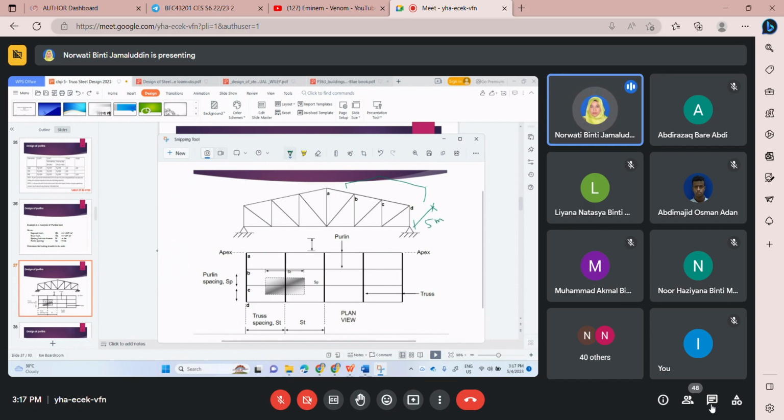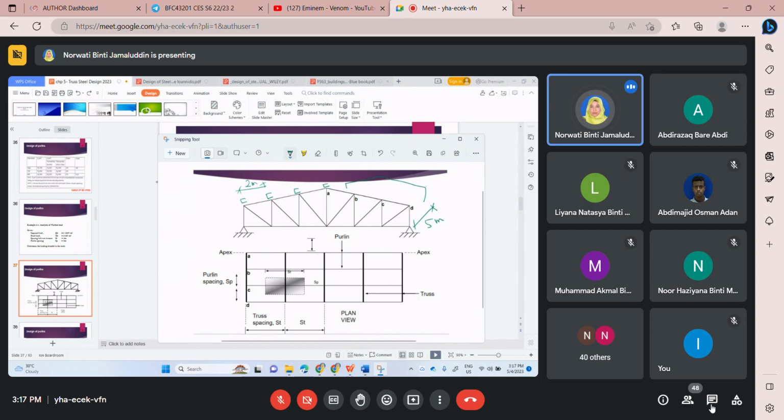The spacing between trusses 5 meters, and then purlin spacing 2 meter. Let's say we put our spacing 2 meter here, which is on knot point. Now how can we analyze?